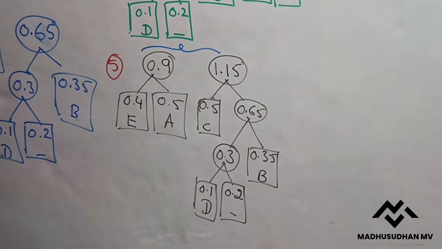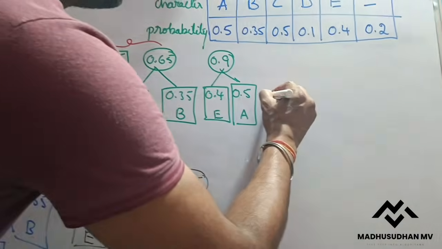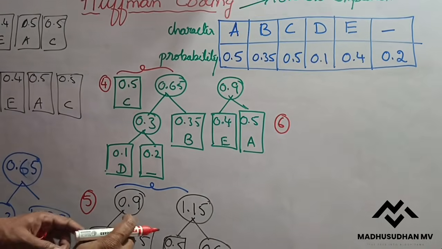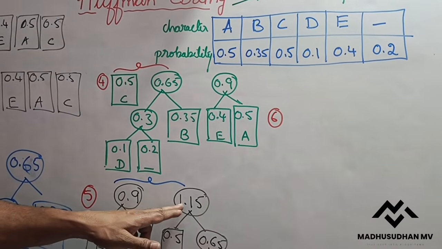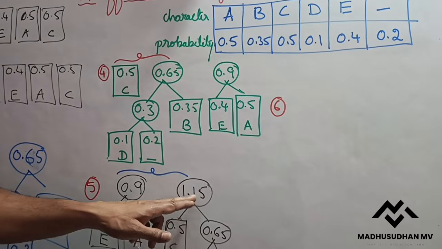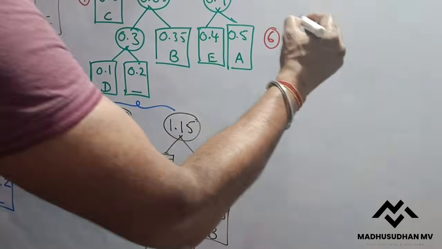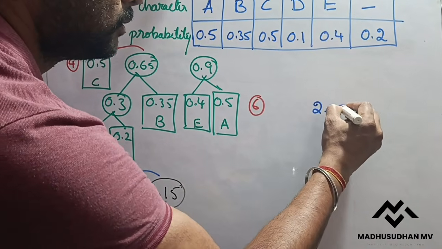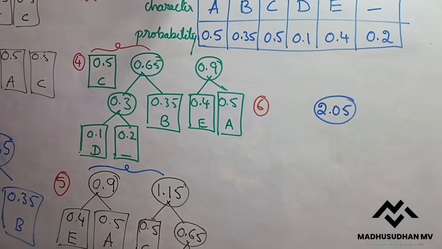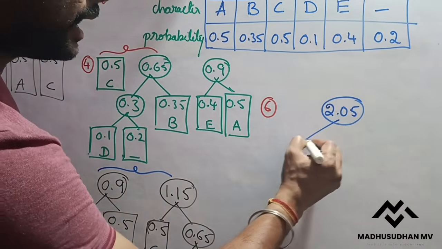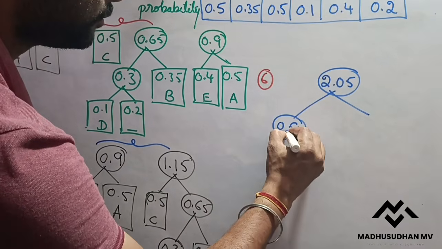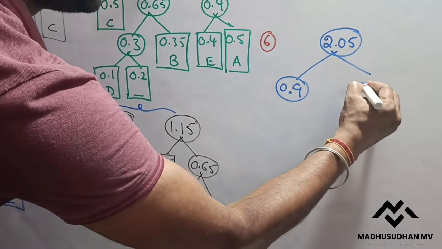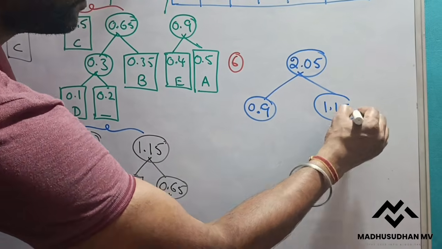Finally, the sixth step. I got 1.15 and 0.9, how much? 2.05. This 2.05 I got by adding what and what? 0.9 and 1.15.